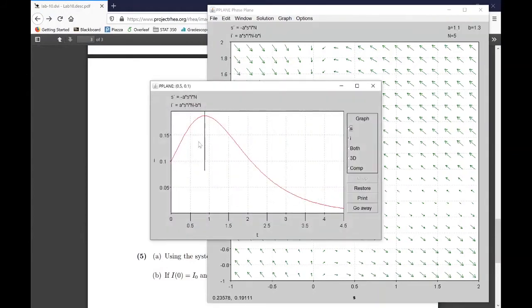Click on this orbit, and quite obviously we see that there is a part of the curve above 15%. So this first claim is false, because this graph tells us that at times between maybe 0.5 months and 1.5 months, there are times where more than 15% of the population is infected.